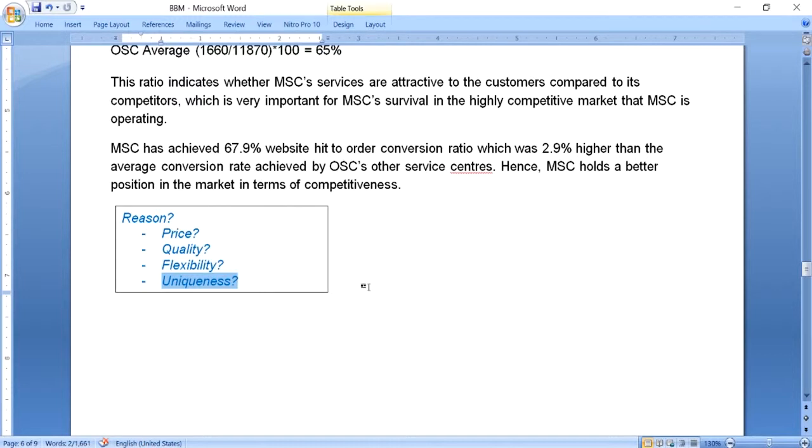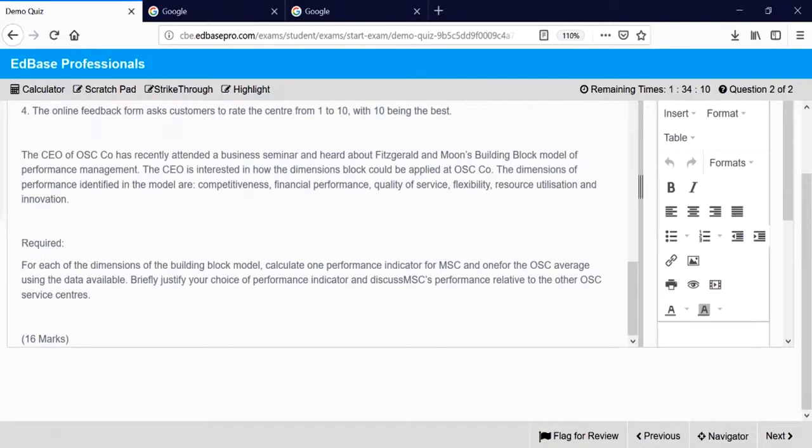So again, read the requirement very carefully. That should be your prime thing to do, because for a 16 marks question, you need careful thought, because how you present your answers will ultimately matter. If you miss out any points, you will be losing marks.